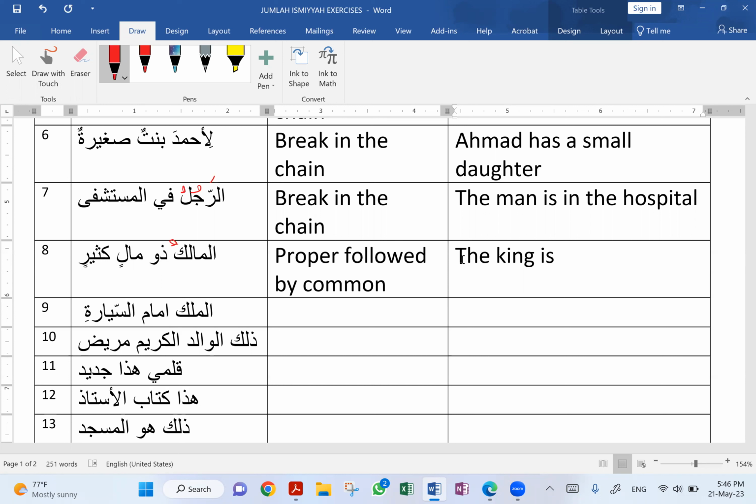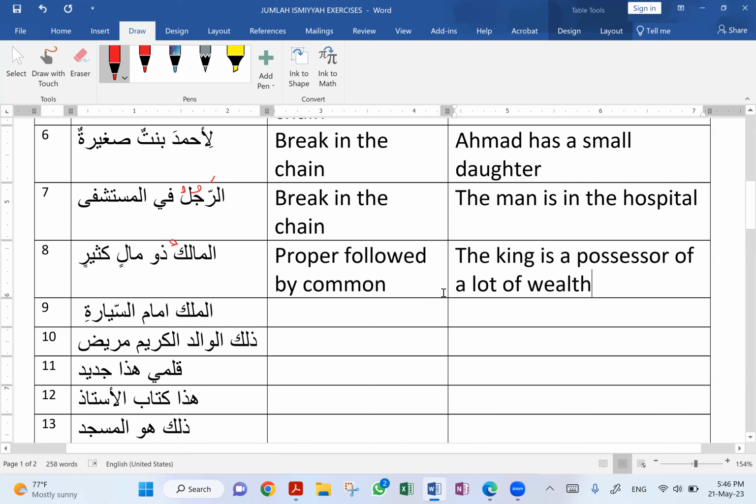And we know we have to put the invisible "is". So the king is a possessor, because it's not proper, a possessor of a lot of wealth, or richness, or money. Mal is like wealth. The king is a possessor of a lot of wealth.